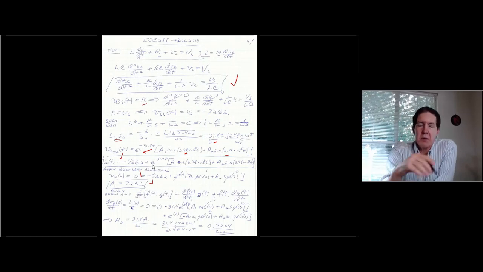Now, what gets a little tougher is getting A2, because now we've got two terms multiplied by each other. There's an exponential term, which is a function of time, and there are sinusoidal terms that are a function of time. So what we need to do now is apply the chain rule.